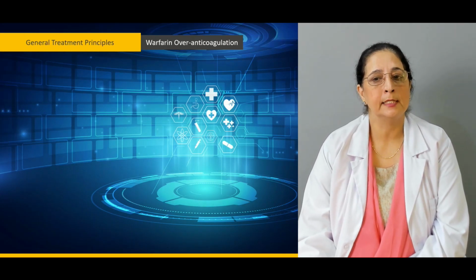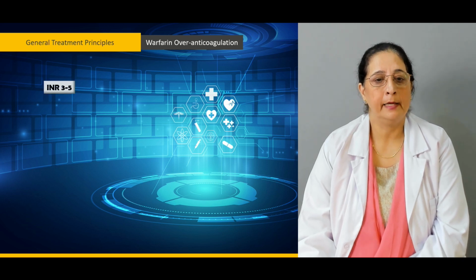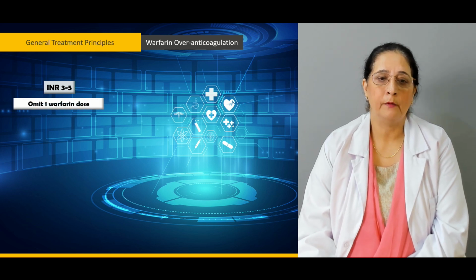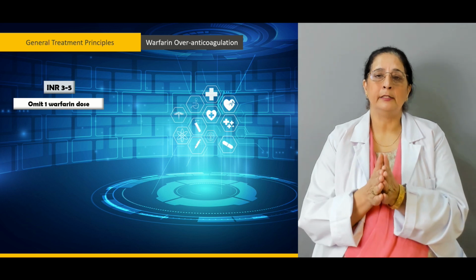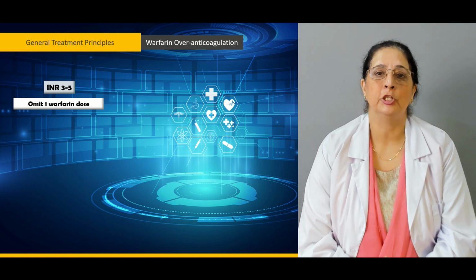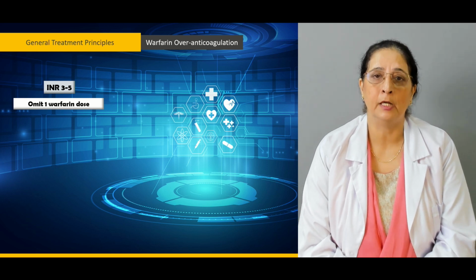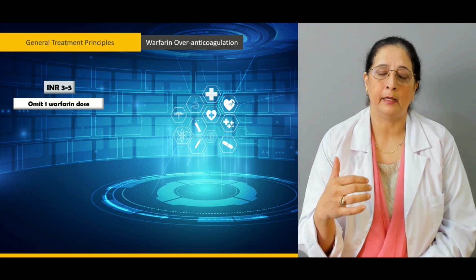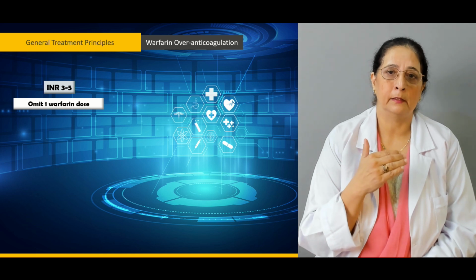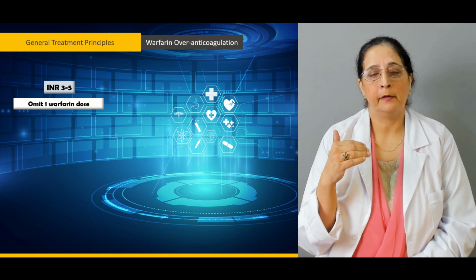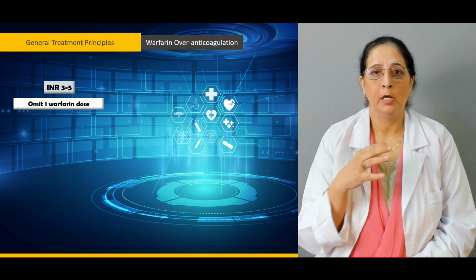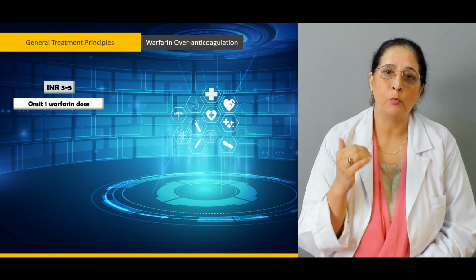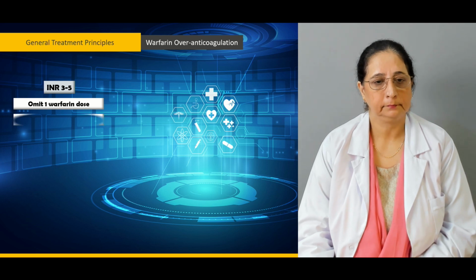Warfarin over-anticoagulation. INR, if it's 3 to 5, omit one warfarin dose. So the INR test is an important test in patients who are using warfarin, and we act according to the different INR levels. INR is the international normalized ratio. So if the INR level is 3 to 5, then we should omit one warfarin dose.